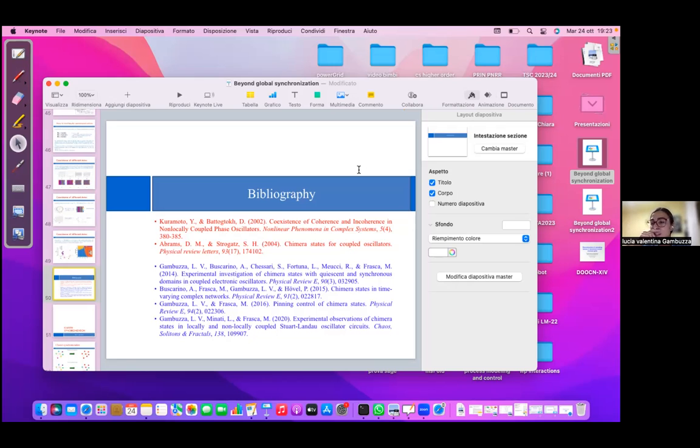So they justify the different behavior inside the hemispheres of these animals with the chimera state. So I think that in the case of the neurobiological research, there is the possibility to apply chimera state setting.